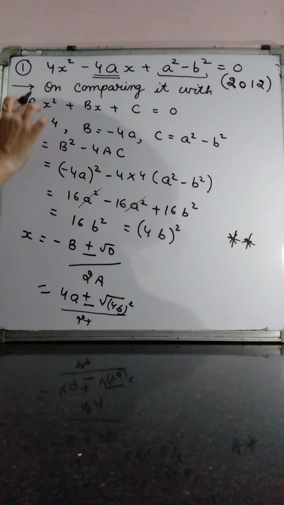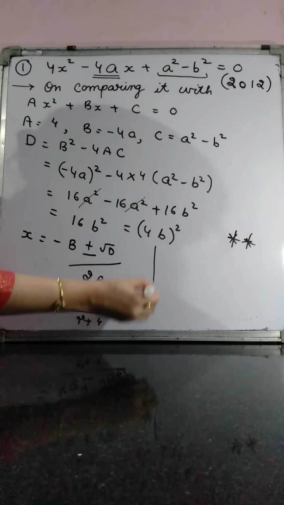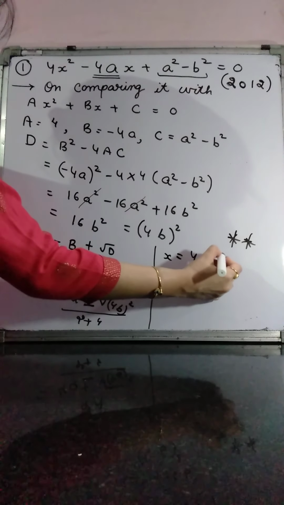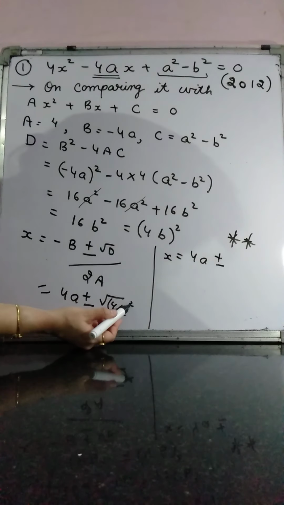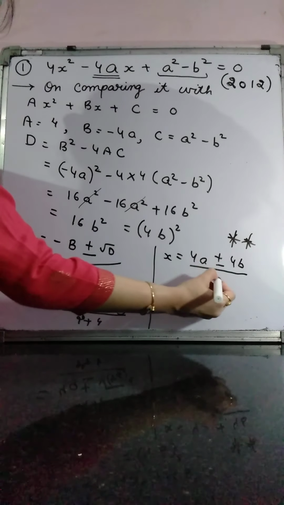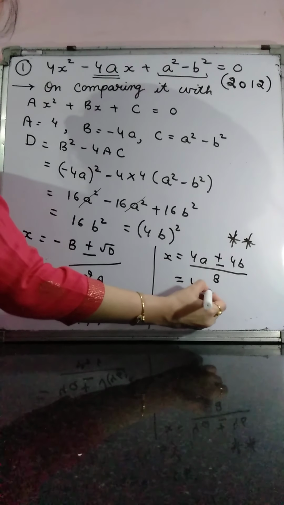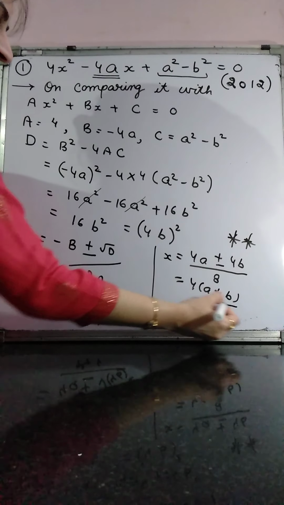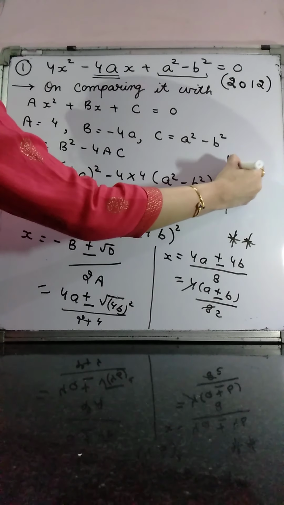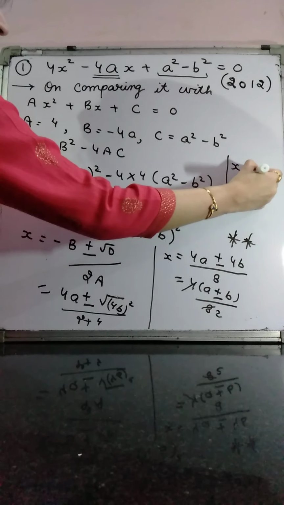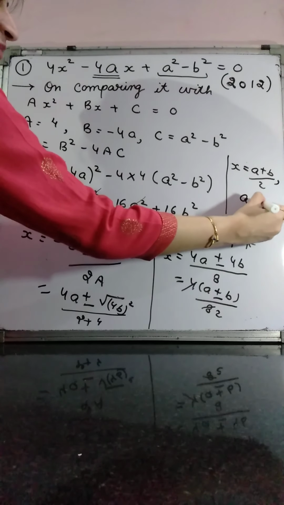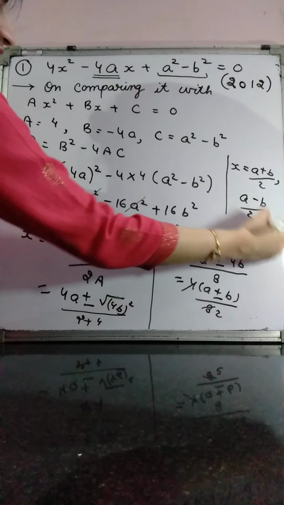The value of a is 4. x is equal to 4a plus minus under root, and the square and root cancel out each other, 4b by 8. Take 4 common, (a ± b) by 8, 4 twos. So the answer is x is equal to (a + b)/2 and (a − b)/2. This is your answer.